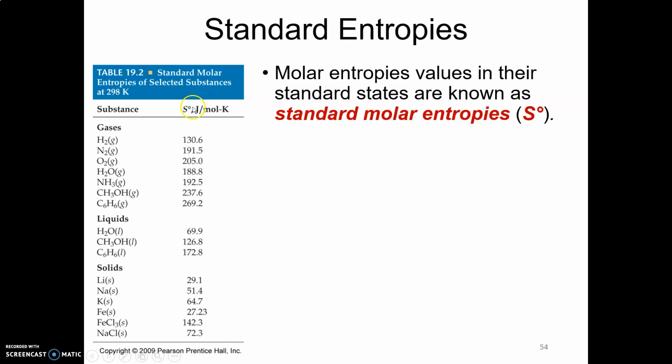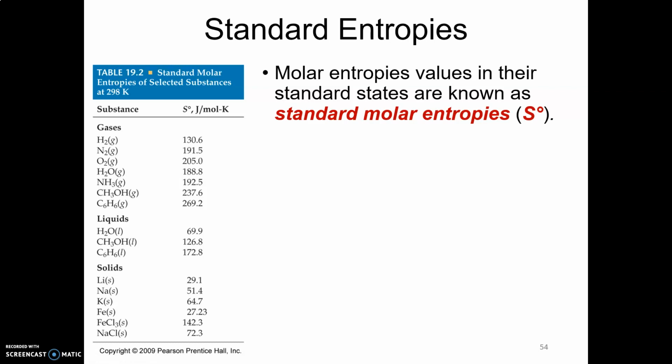Notice the degree symbol. The degree symbol is referring to standard conditions, which means a standard temperature of 298 Kelvin. Which means if we're at 298 Kelvin, could any substance have a standard molar entropy of 0?